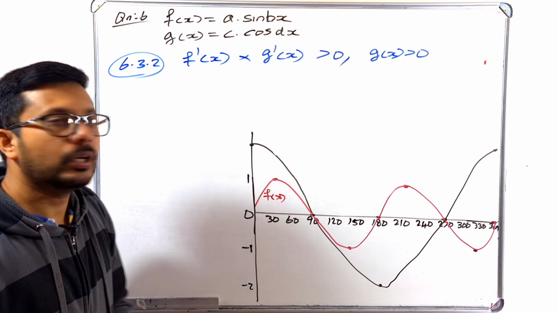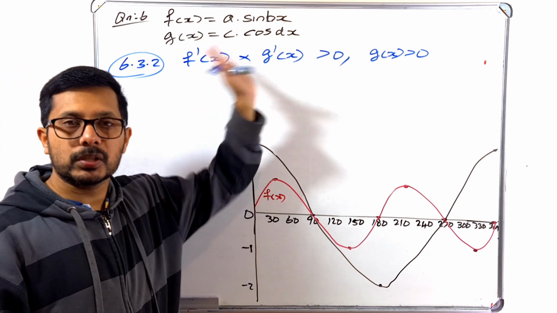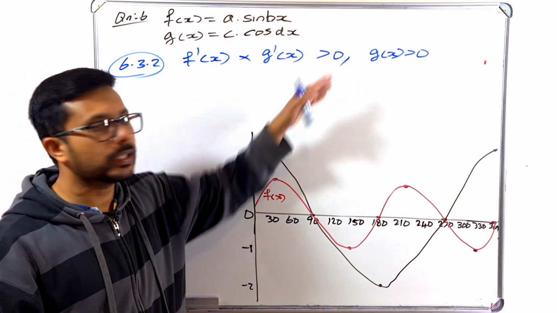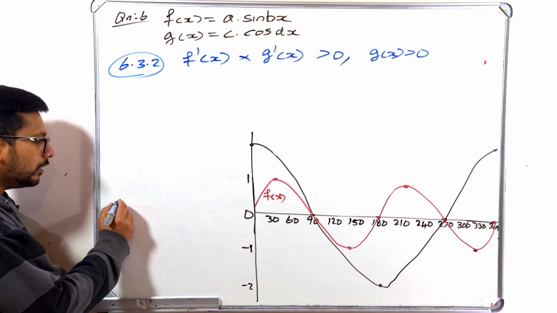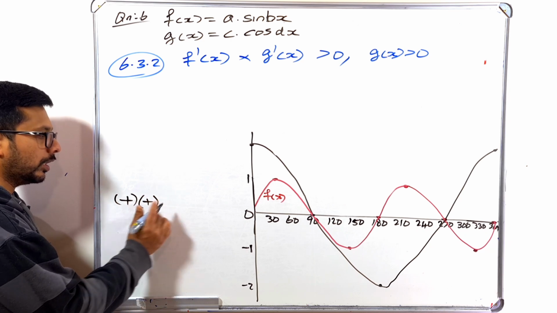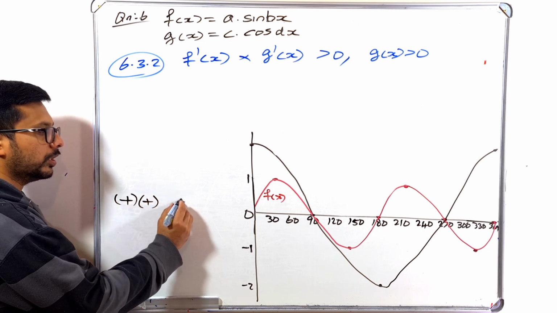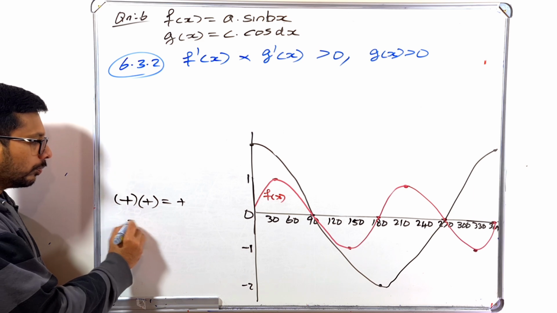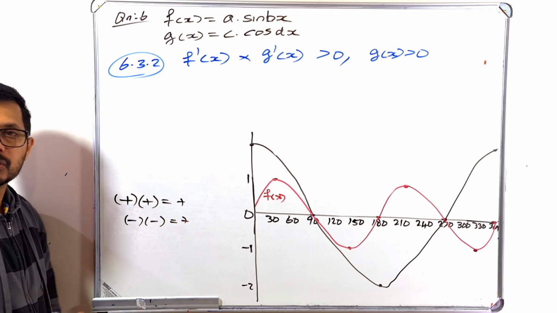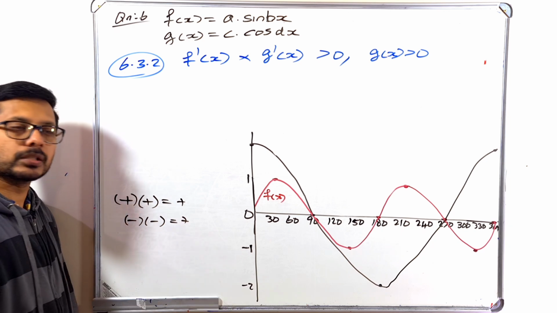When you multiply two functions and the answer is positive, either both functions must be positive, positive times positive is positive, or both must be negative, negative times negative is positive.